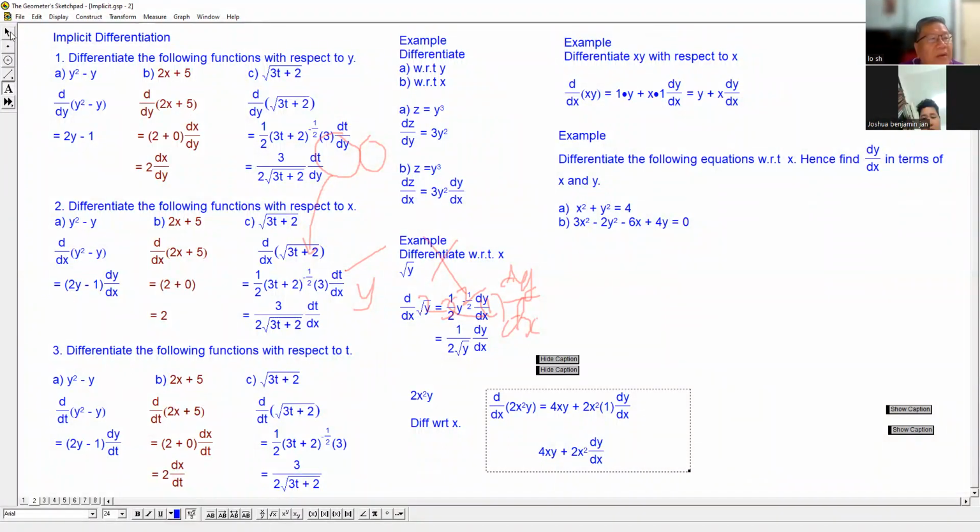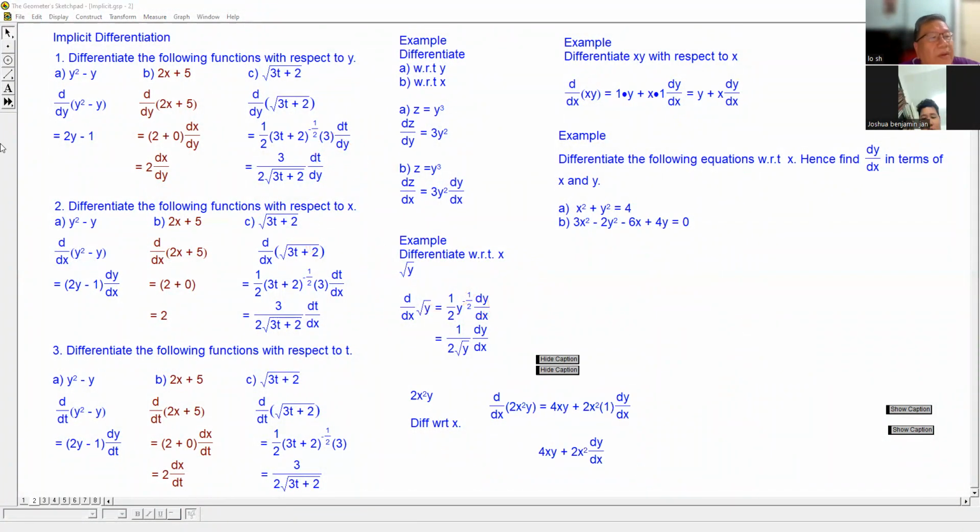I repeat. We look at it as two different functions: 2x squared as one function, and y as another function.